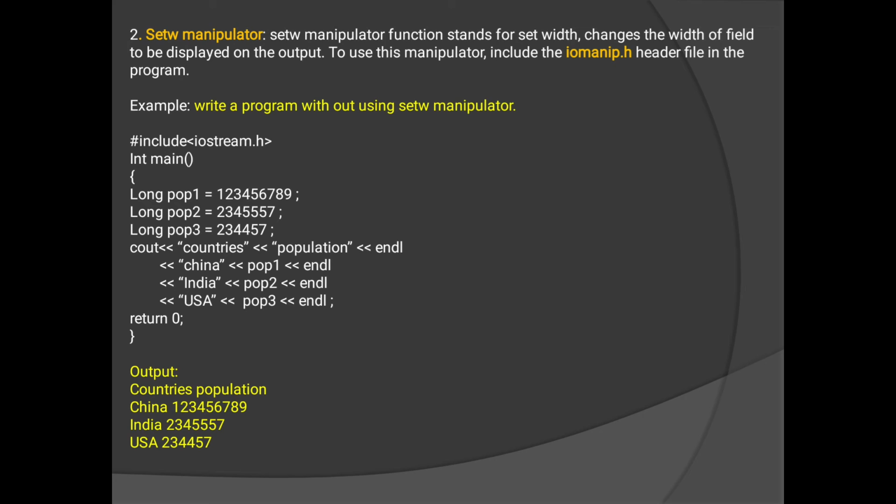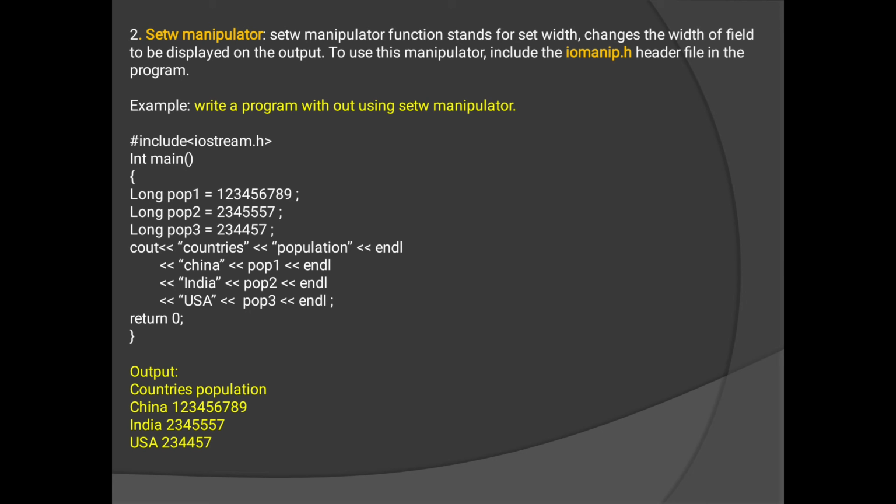It does not end with the semicolon, which means that this cout statement has not ended at all. So you can continue to write the next line, that is China pop 1 NL. Now under countries you have China, India and USA.